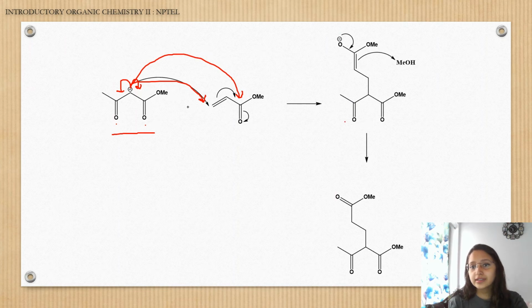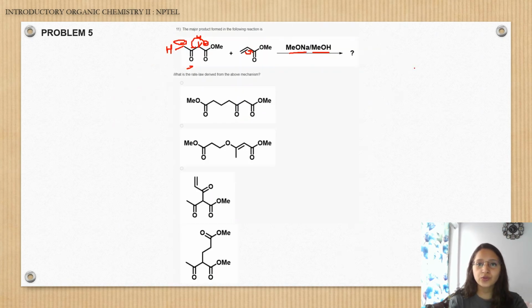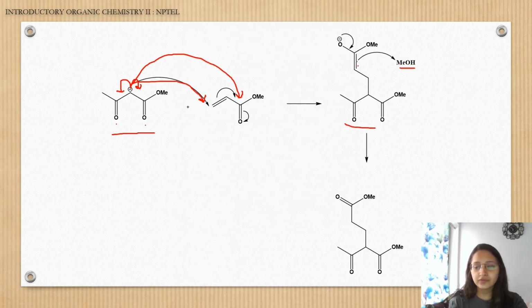This system is generated after the attack, and the oxyanion is protonated by the proton source present in the system, that is methanol. Now you will end up with this kind of system. Is this product formation clear?